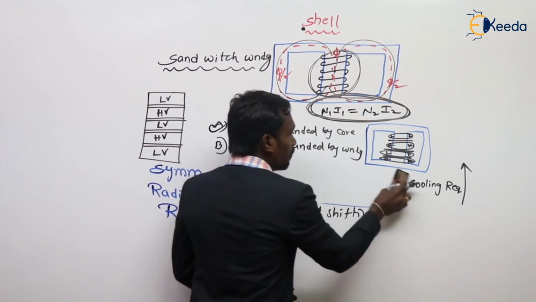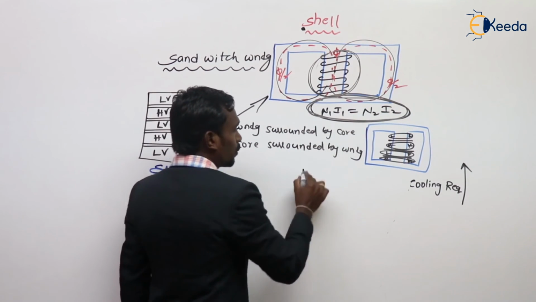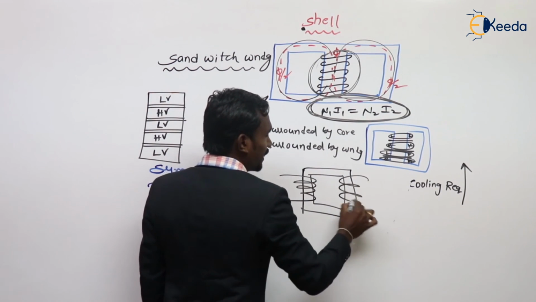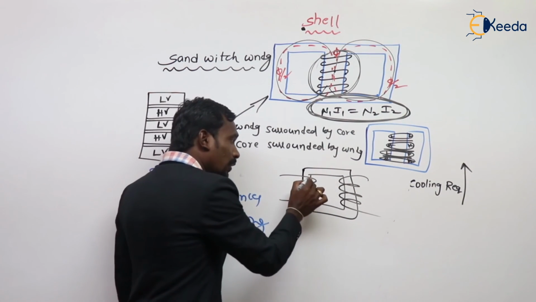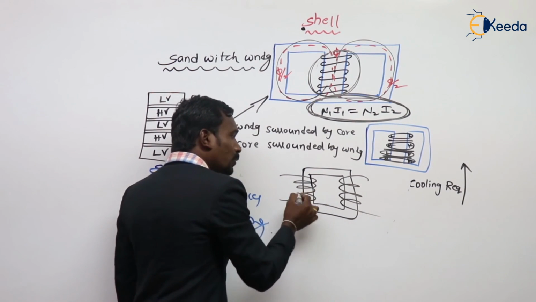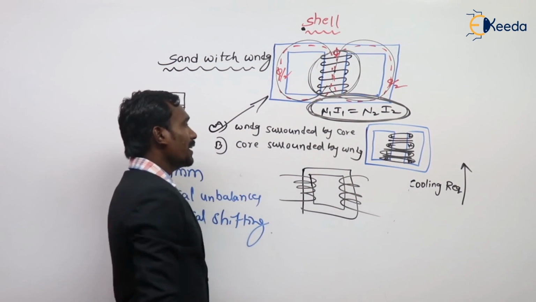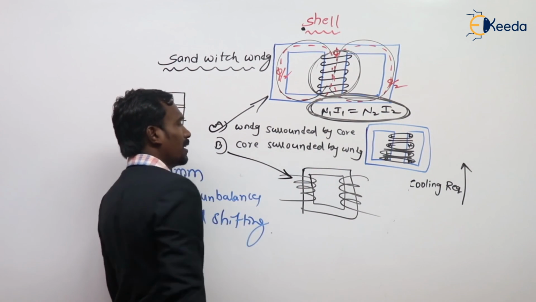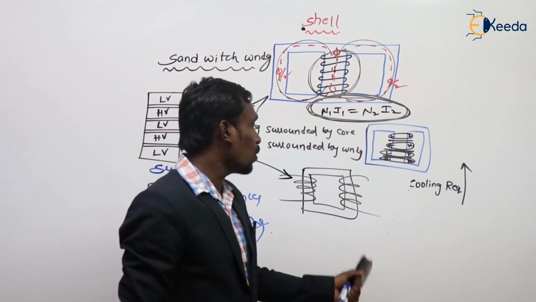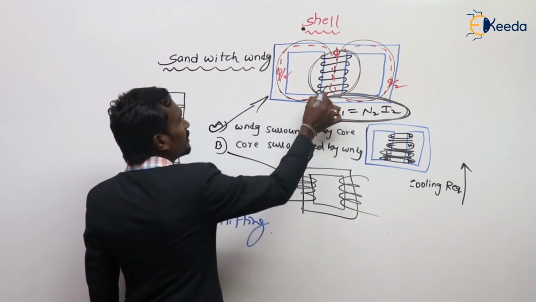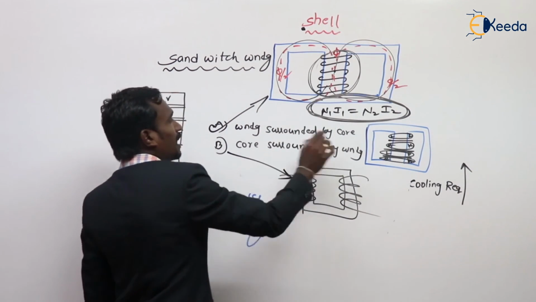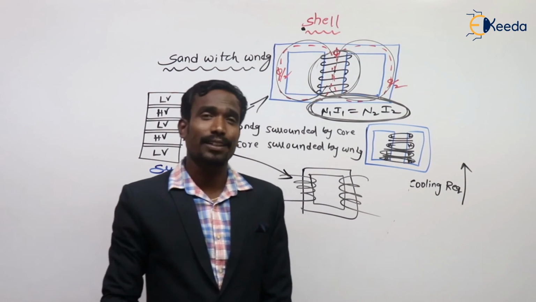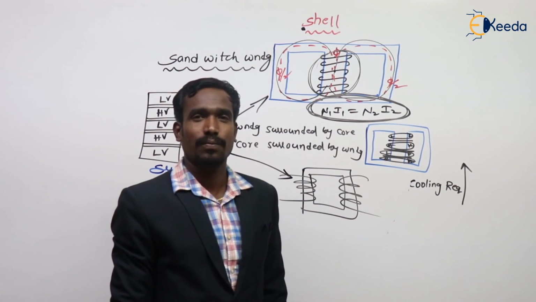Generally, in core type, this is the core and here we place the winding. The core is this one and the surrounding is winding. So the core is surrounded by winding in core type, and the winding is surrounded by core in shell type. This is simply about the core type and shell type transformers.